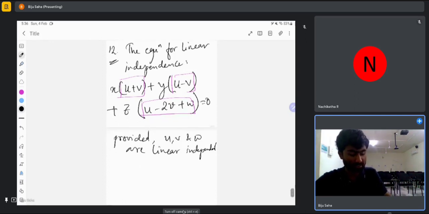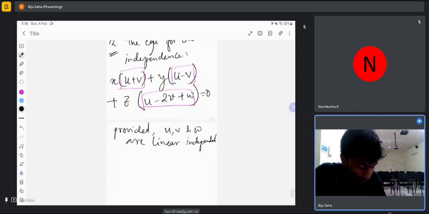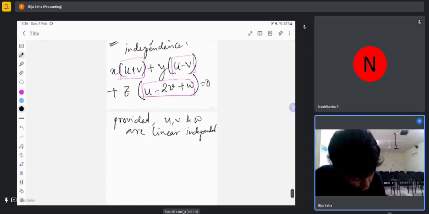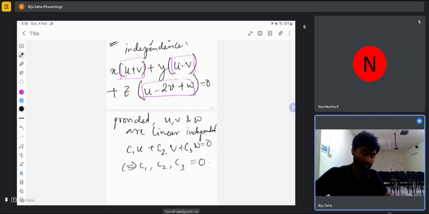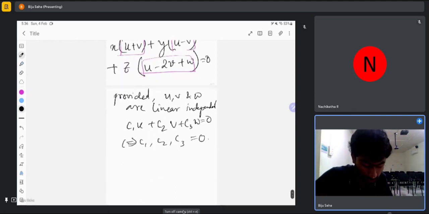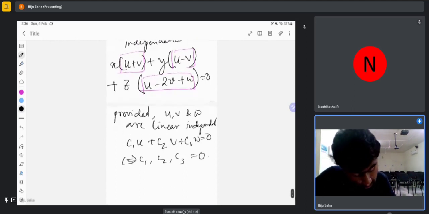Since u, v and w are linearly independent, c1u plus c2v plus c3w equal to 0 would mean that c1, c2, c3 are equal to 0. Since u, v and w are given as linearly independent, this condition is satisfied by u, v and w. Now let's manipulate this particular equation.